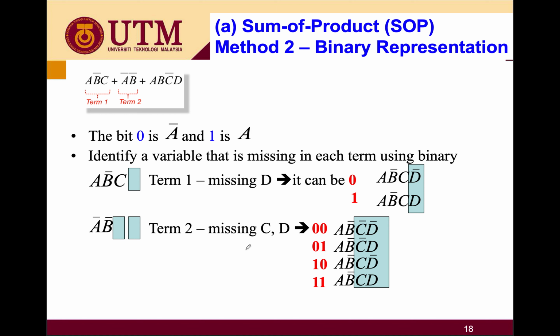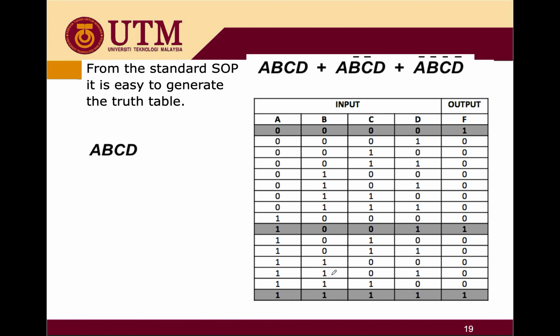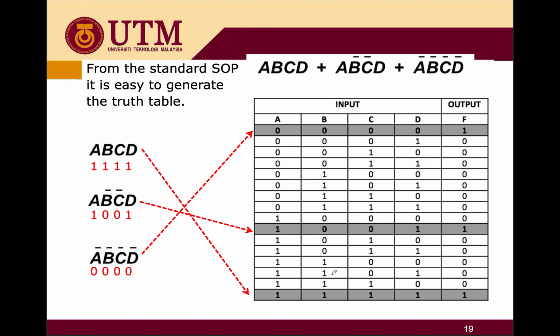Then for this one and the missing term 2, you miss 4 possibilities. You can have a look at that. So this is the truth table: A, B, C, D plus A, B bar, C, D, C bar, D, and then A bar, B bar, C bar, and also D bar.